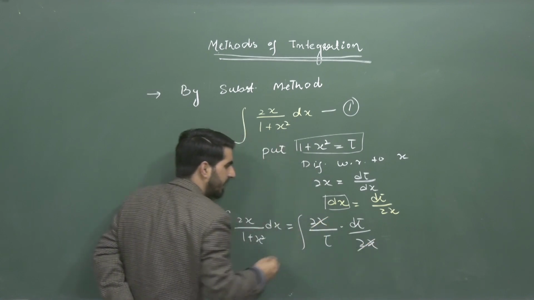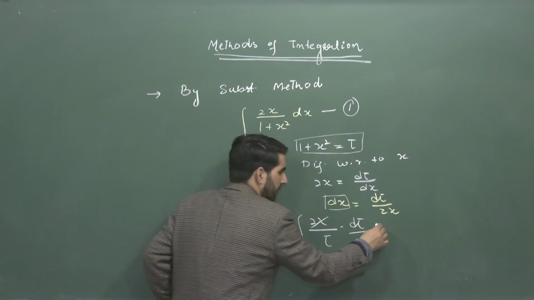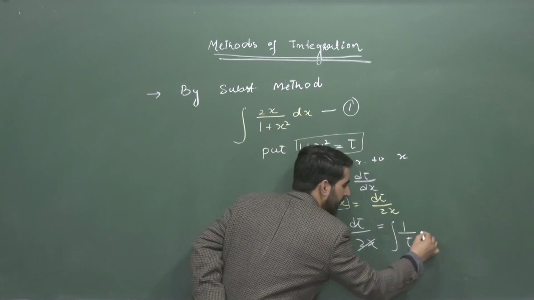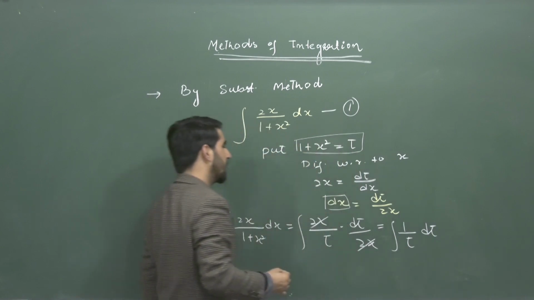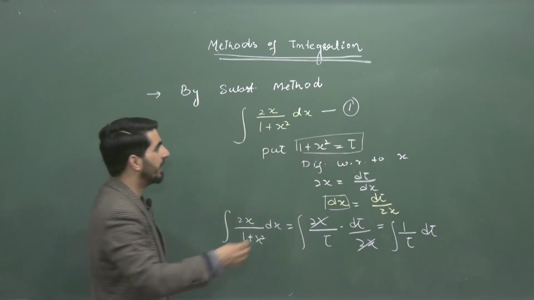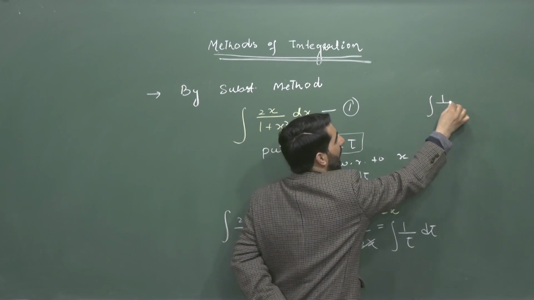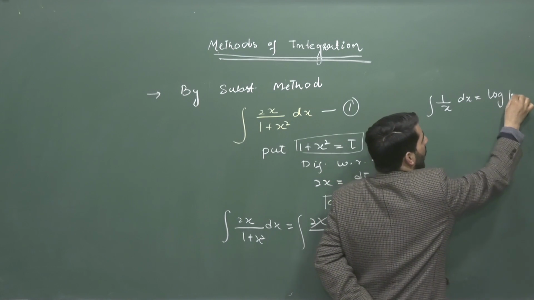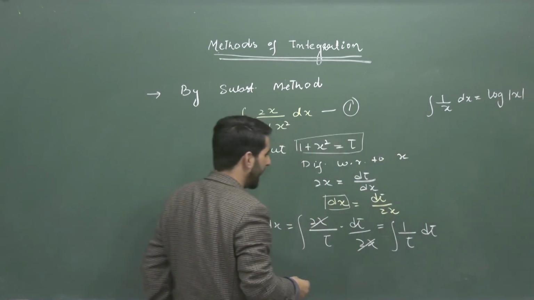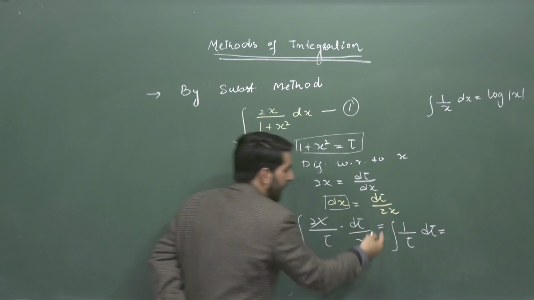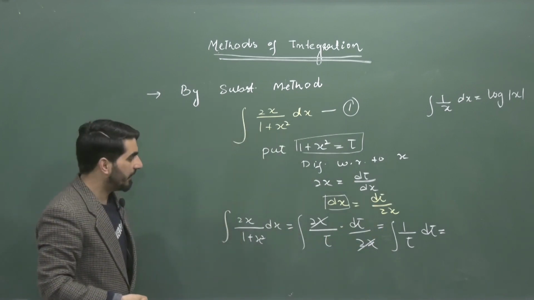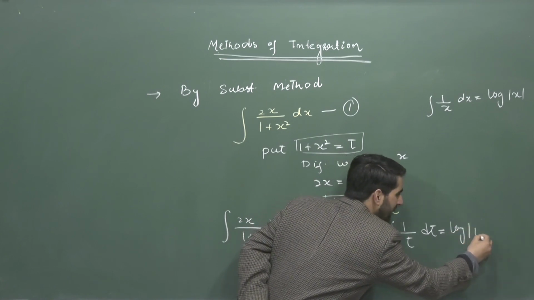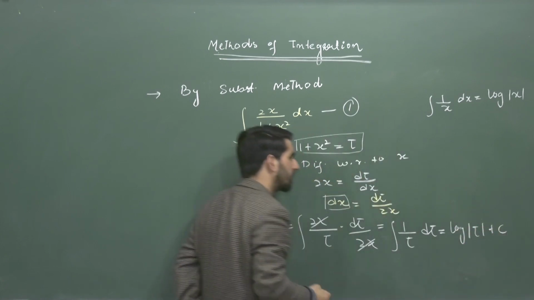This 2x cancels. So the integral becomes 1 by t dt. As we know from the previous lecture, integration of 1 by x dx is log of modulus of x. In the same way, integrating 1 by t with respect to t, we get log of modulus of t plus c.